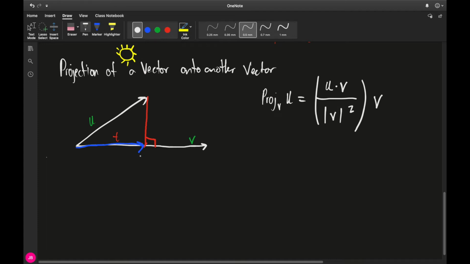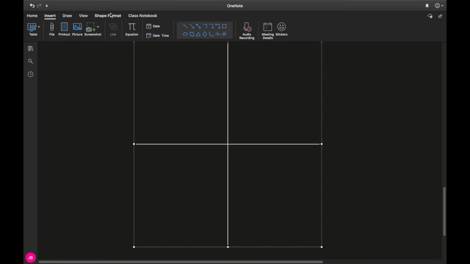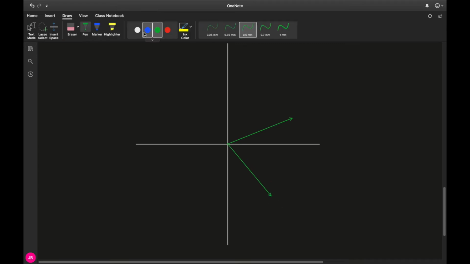Now the way we would solve a problem about vector projection is that they may ask you to project a vector onto another vector. So let's say we have a coordinate plane, and let's say I have vector u and vector v. Vector u having component form 6, 2, and vector v having component form 5, -5.